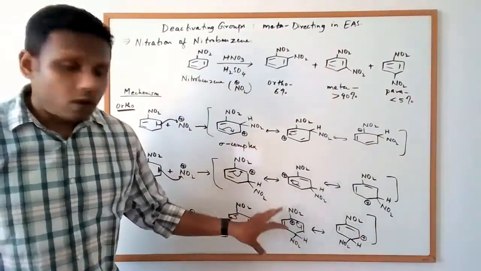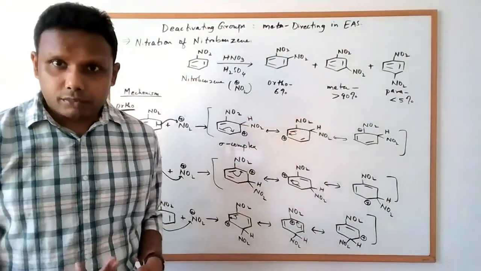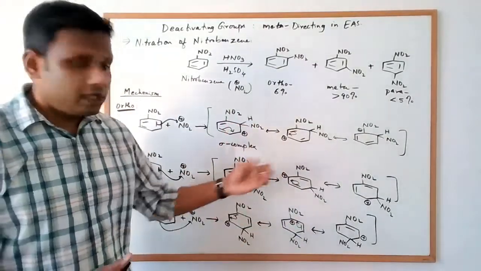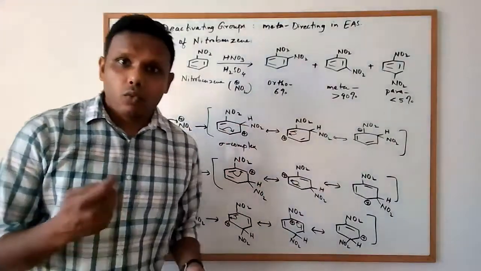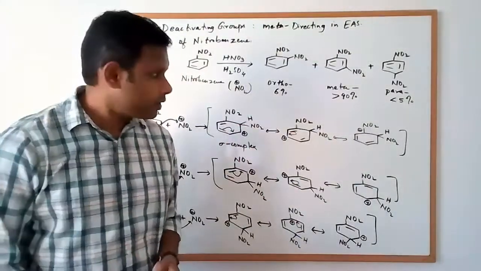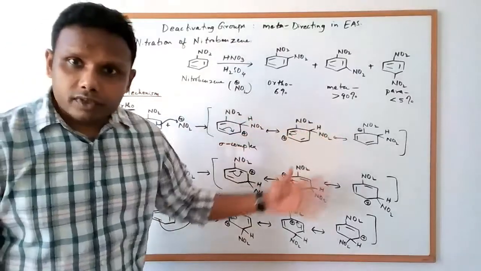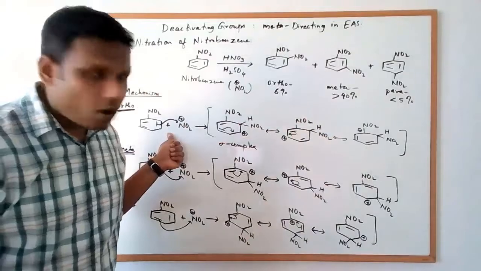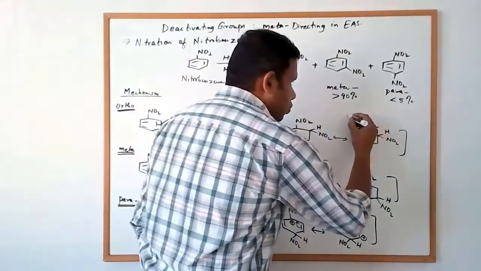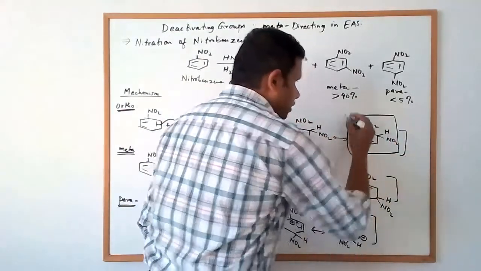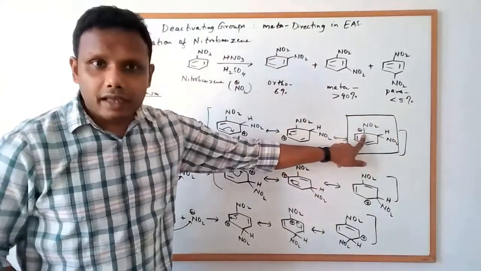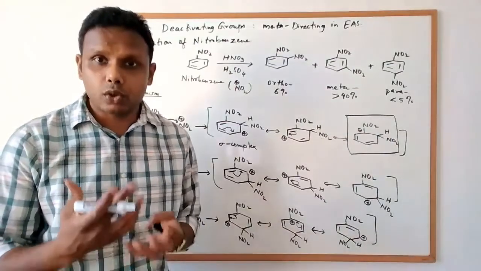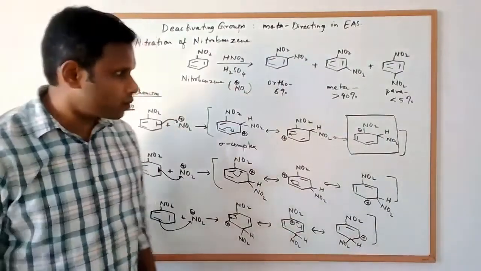Now, the reason why the meta product is the major product has to be in these resonance forms. These resonance forms should be able to tell us why the meta product is favored. And when we survey all of these resonance forms, notice that for the formation of the ortho product, there is one resonance form where the carbocation lands on a carbon that's next to the nitro group, which is an electron withdrawing group, a strongly electron withdrawing group.